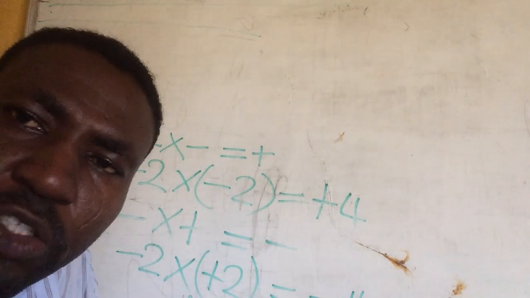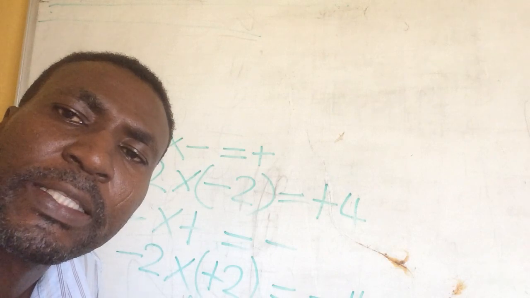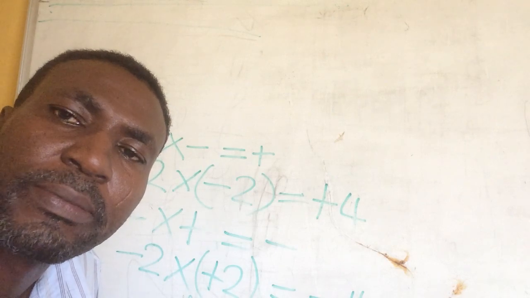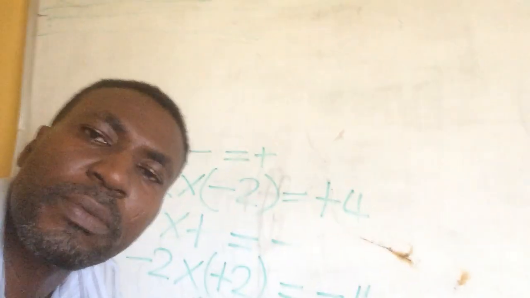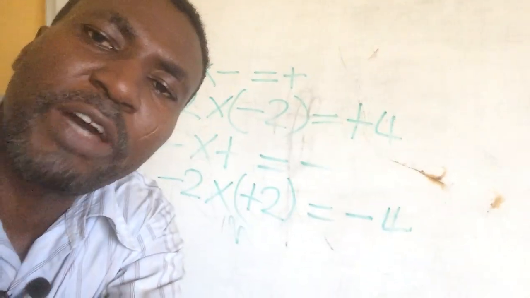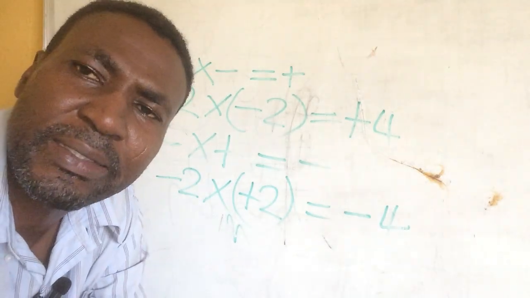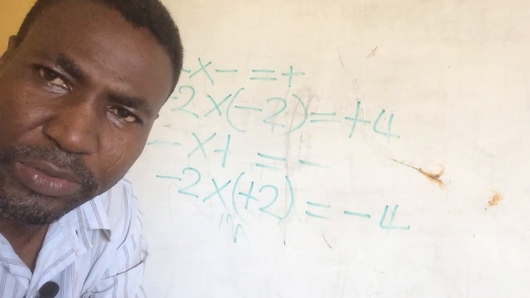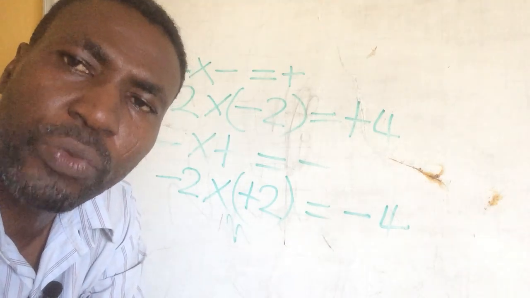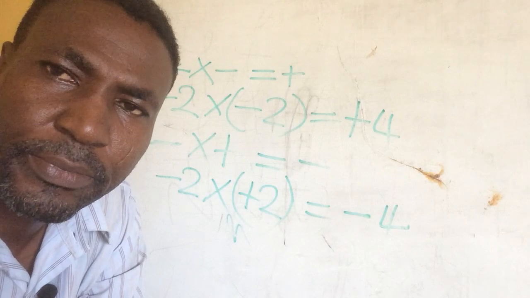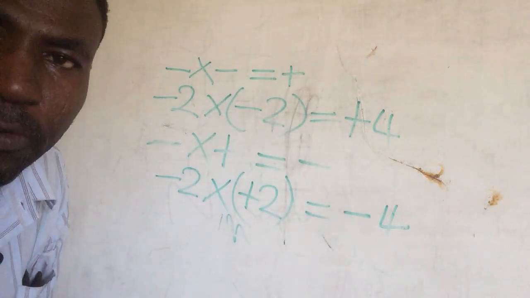So in multiplication, whenever you are multiplying two numbers that have minus and minus, the answer will be plus. Just like minus 2 times minus 2, the answer is plus 4.